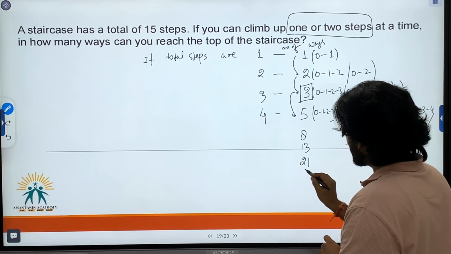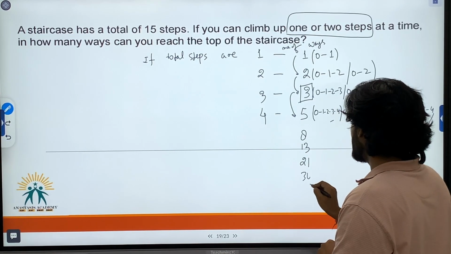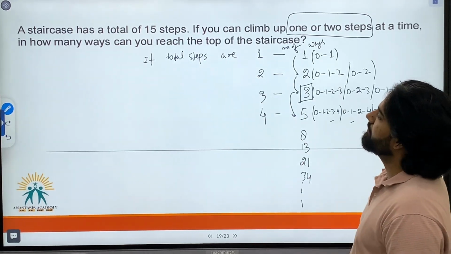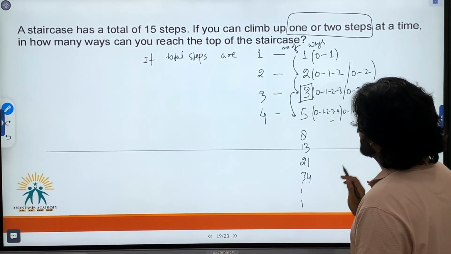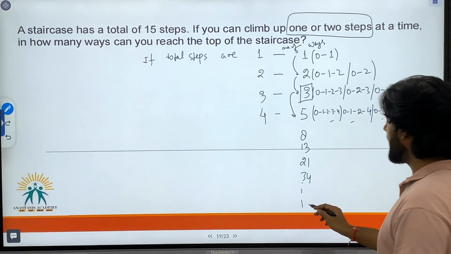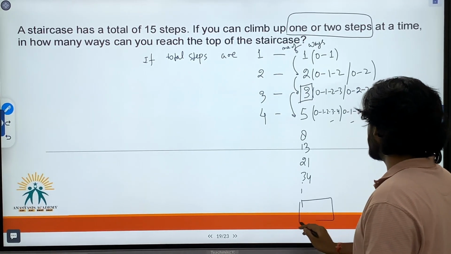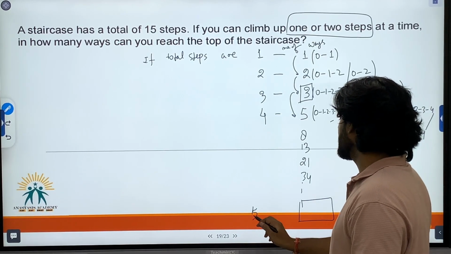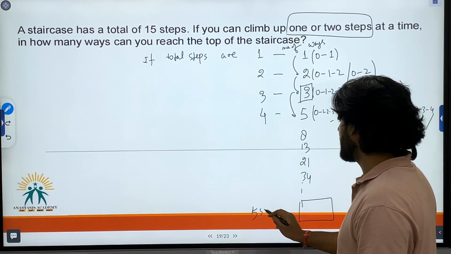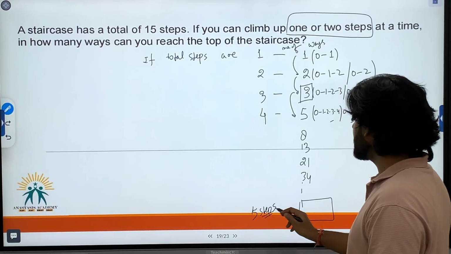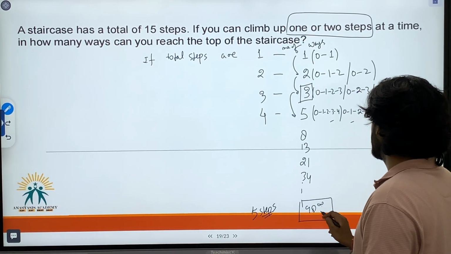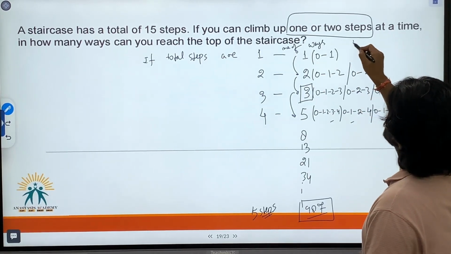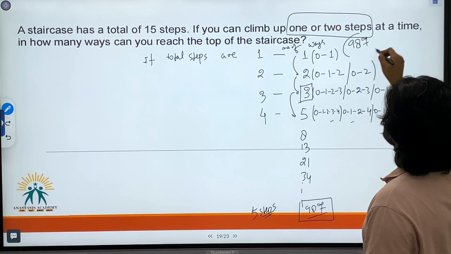And 21 and 13 is 34 and so on. This is the Fibonacci series. So for 15 steps, the total number of ways to reach 15 steps would come to 987. So the correct answer to this question is 987, right?